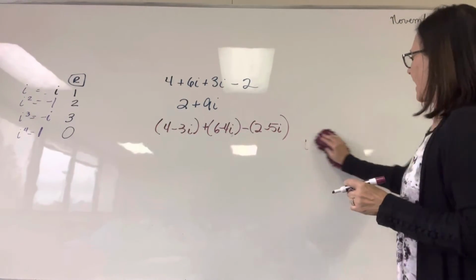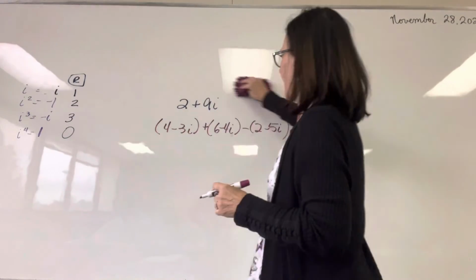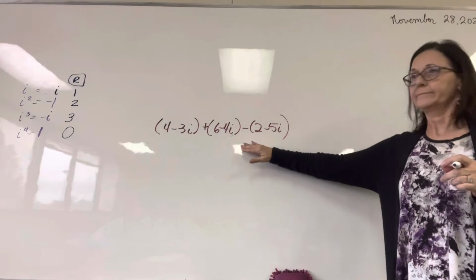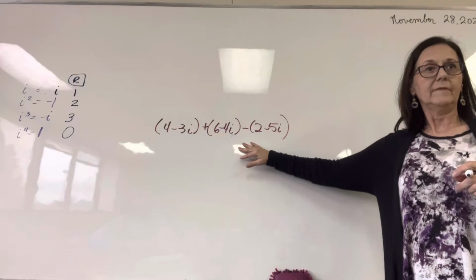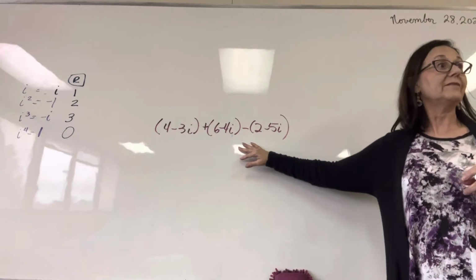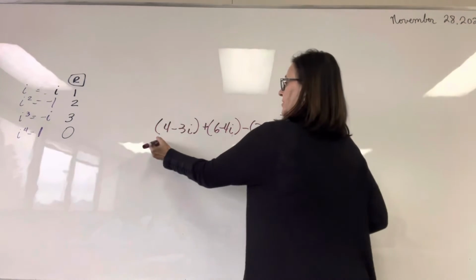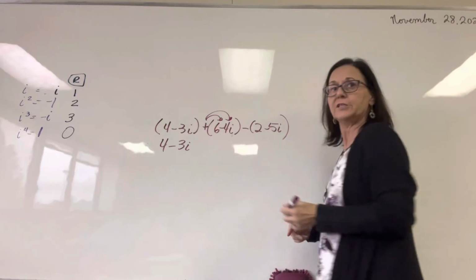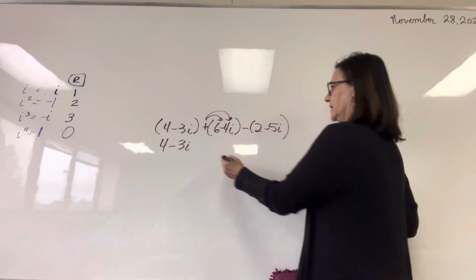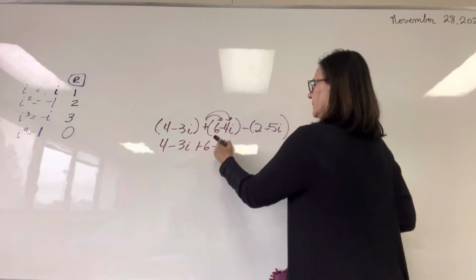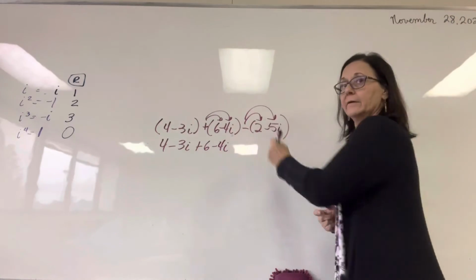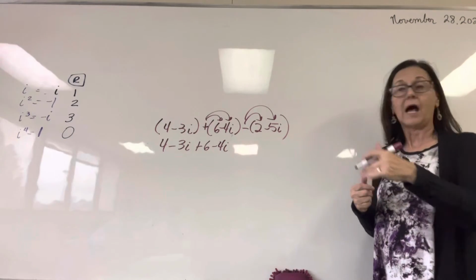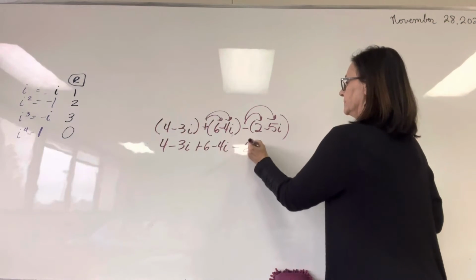What would be the first step that I would do in this expression to simplify it? Eliminate parentheses. All right, so this first part is 4 minus 3i. The plus doesn't change any of the signs inside the parentheses. But this negative changes the signs of the terms on the inside of the parentheses.